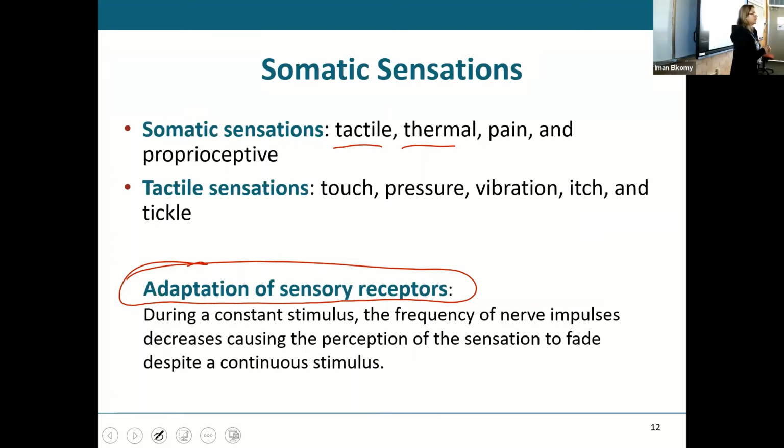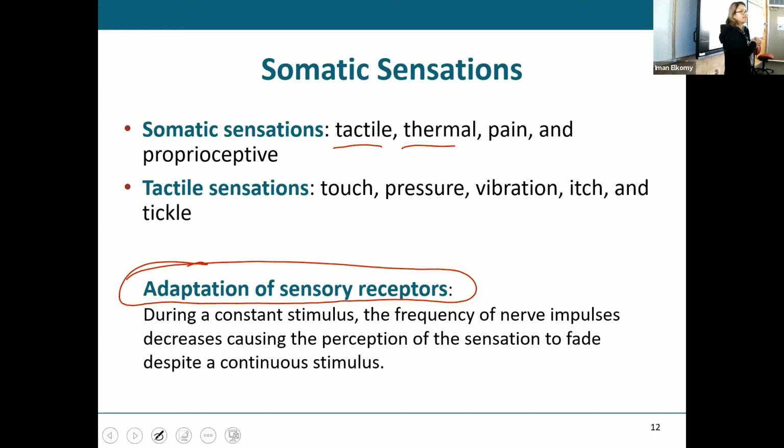Something else: let's say you're sitting in a really tight chair, and it's uncomfortable because you feel the pressure of the chair on you. If you sit there long enough, you won't be bothered by it anymore because those receptors will adapt.